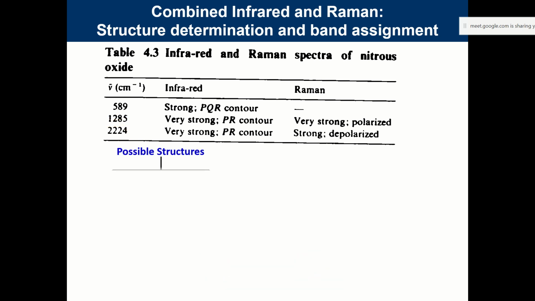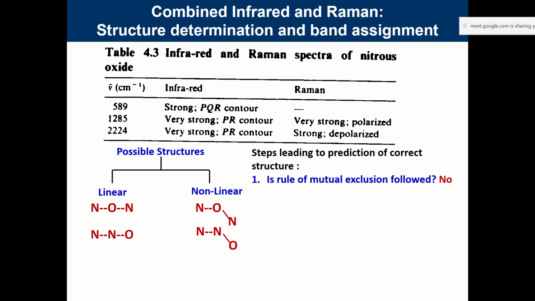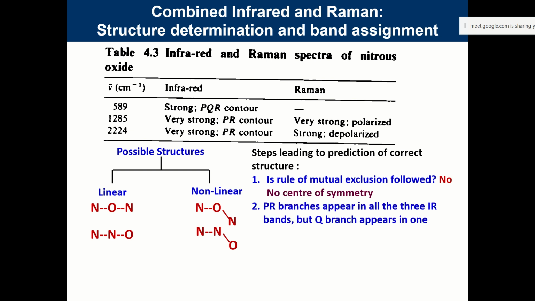But the important point to be noted here is that no mutual rule of exclusion is followed. There is no center of symmetry. So the first one, NON, which has a center of symmetry, you can rule out. PR branches appear in all the three IR bands, but Q branch in only one.